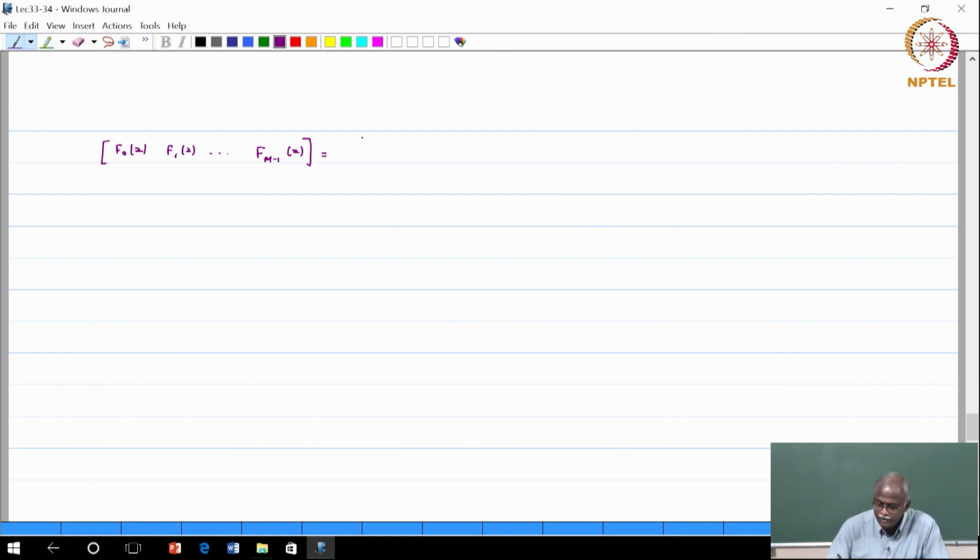This can be written as a row vector 1, z inverse, z power minus 2, up to z power minus n minus 1. Notice this is n minus 1. So, the one on the left hand side is a 1 cross m vector. Okay. This is a 1 cross n vector.